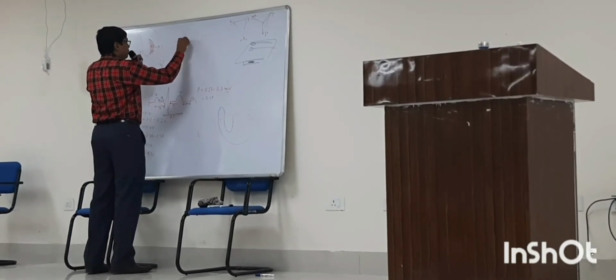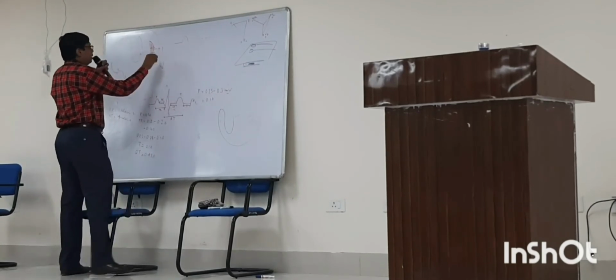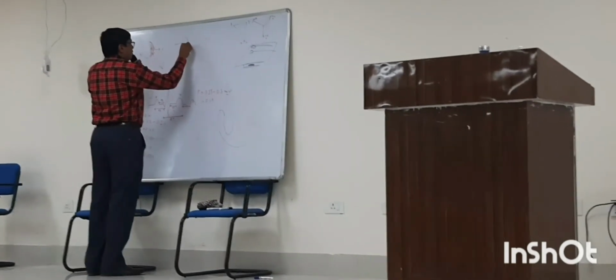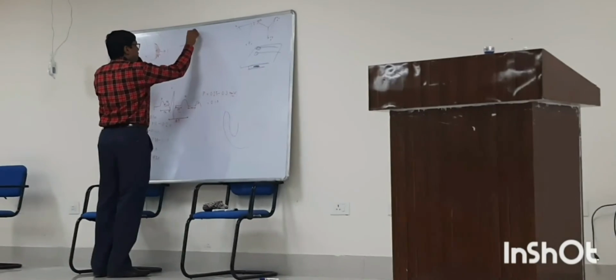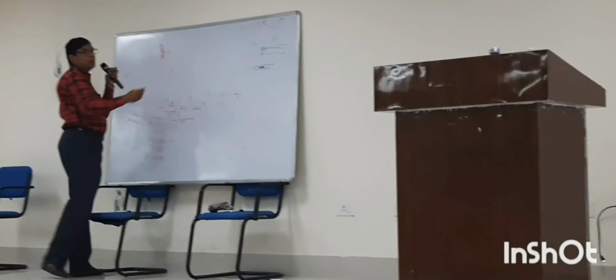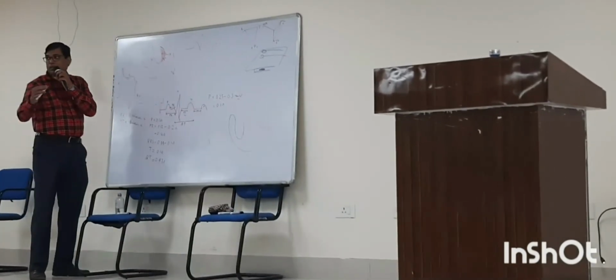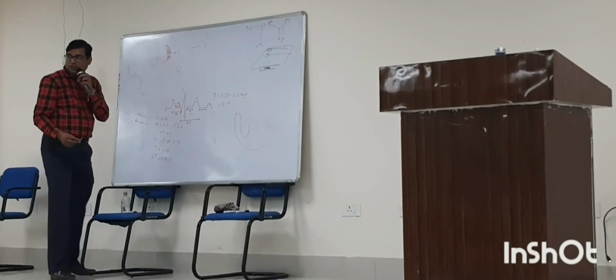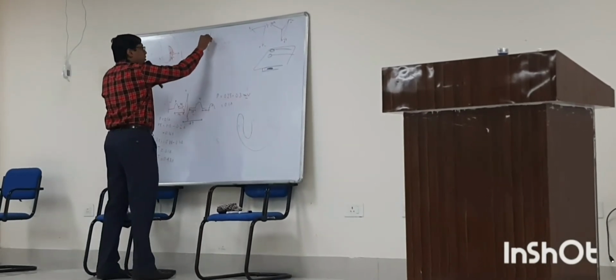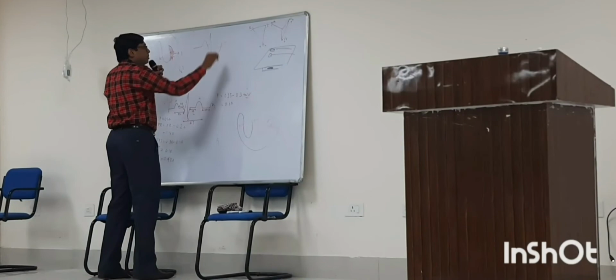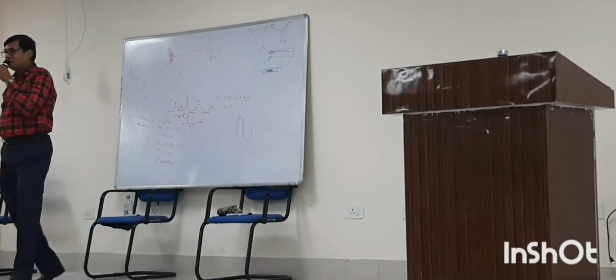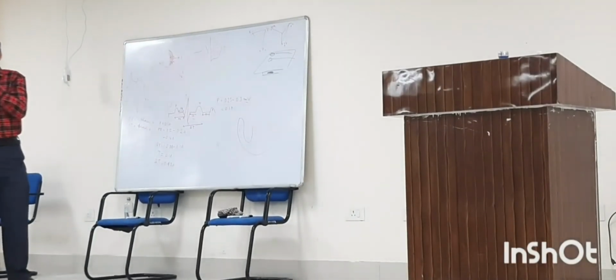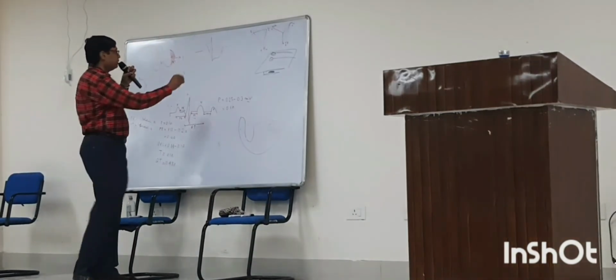P wave, Q wave, R wave. Phase 2 is directed away from the electrode. So there is ST depression.